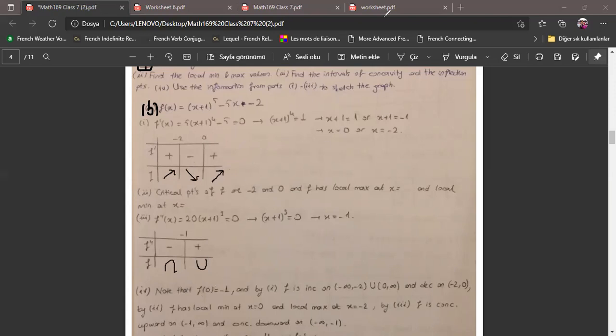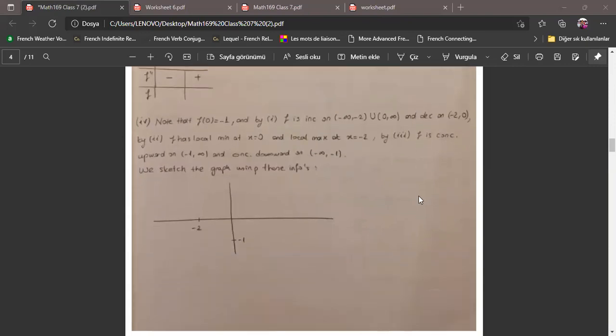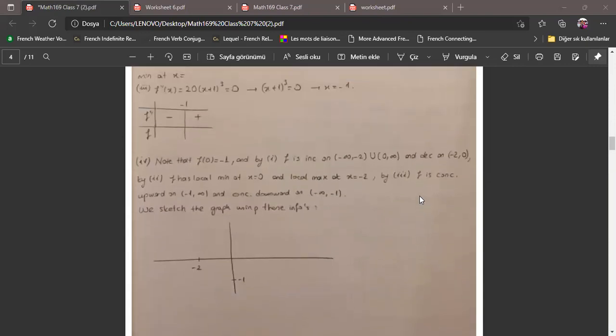Now we need to sketch the graph of the function.